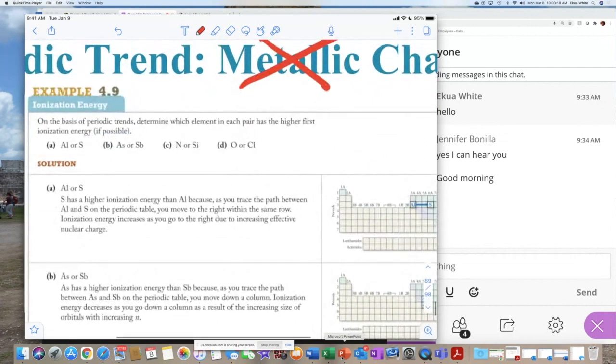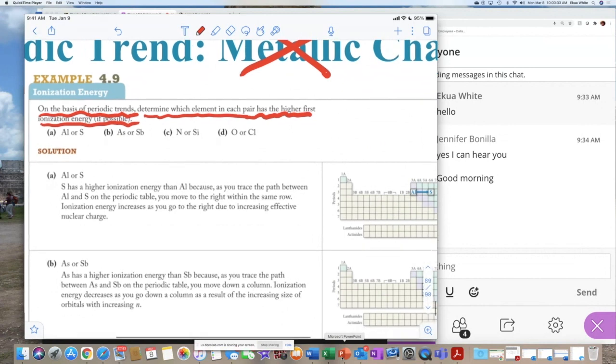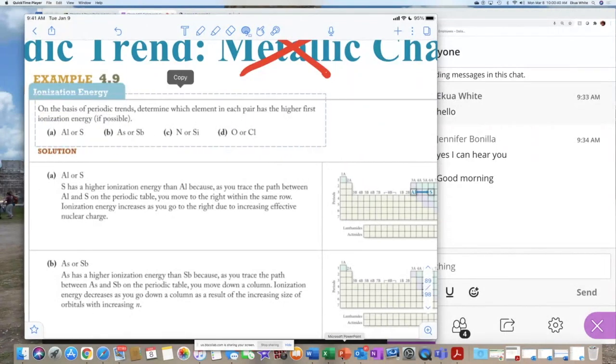Okay. Just like we did before. On the basis of periodic trend, determine which element in each pair provided has a higher first ionization energy. So we are just comparing ionization energy. So just like before, they're giving us this list. Let me go ahead and erase that. I'll copy this over, add a new page, and then we'll go from there.